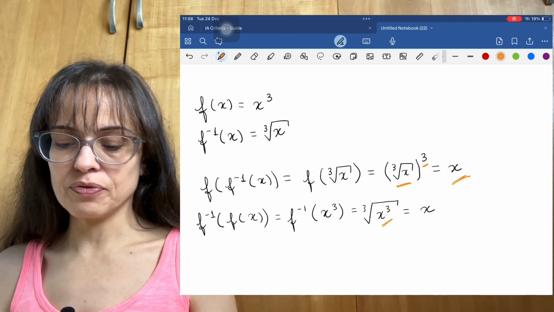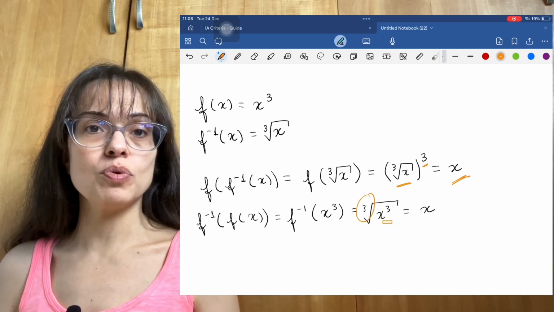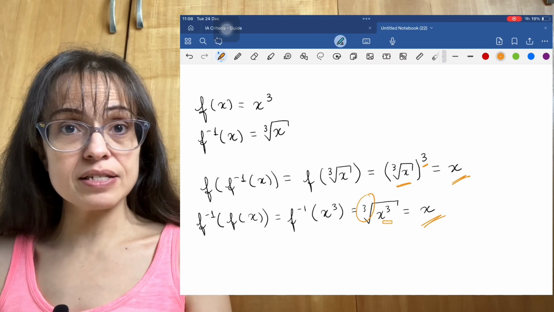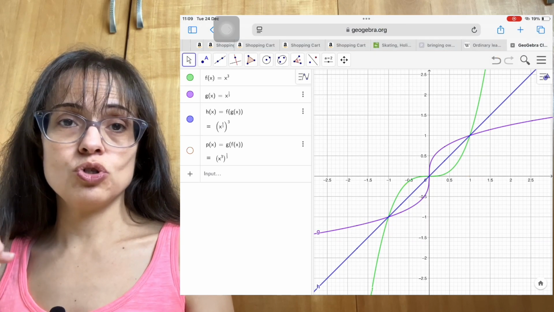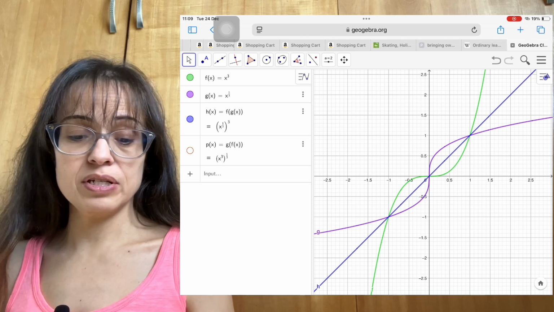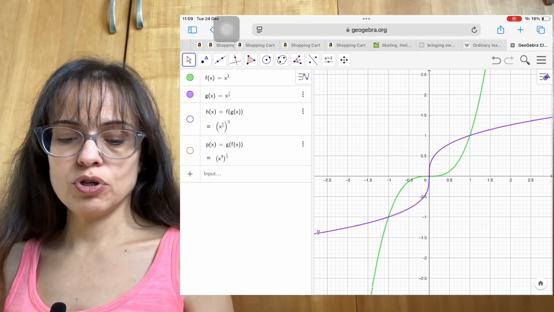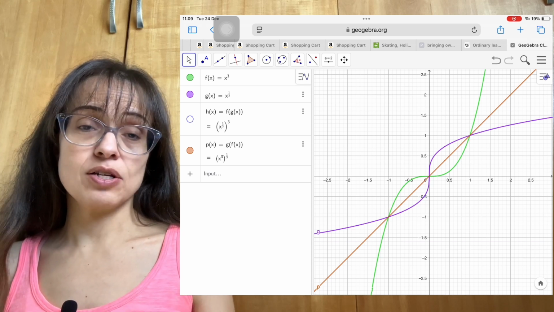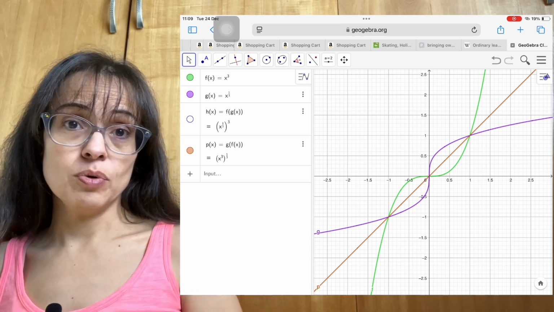The x to the power of 3 is now inside of the cubic root. Those things also cancel out to have the answer be just x. But in this case, there is no domain issue either way. You can put the cubic root inside, or you can put the cubic root outside. And in both cases, you just get as the composition the line y equals x.